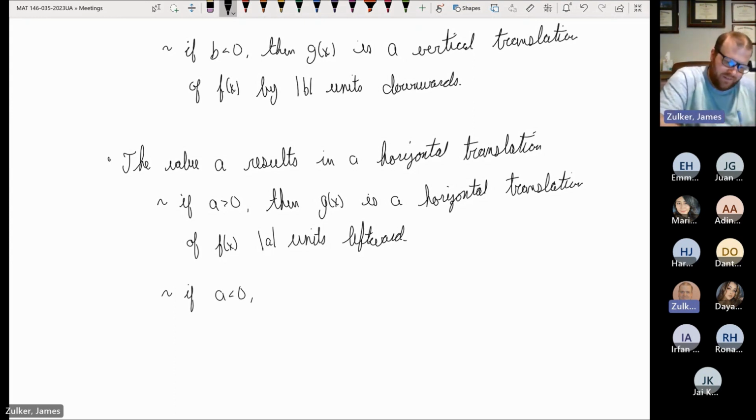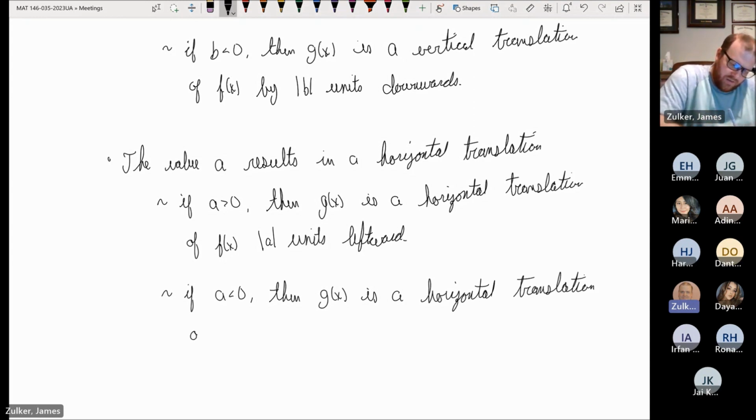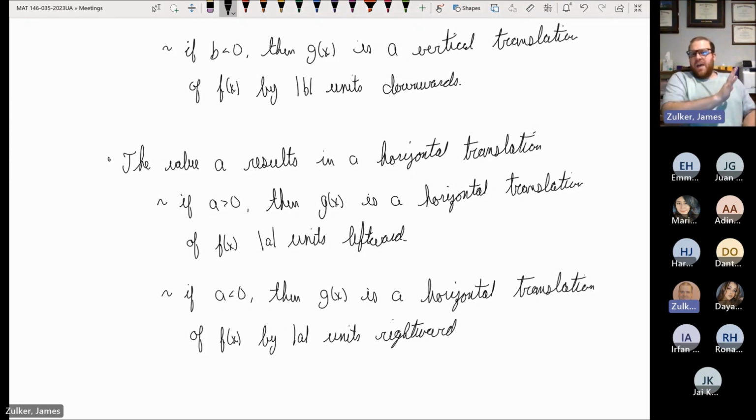Now if a is negative, then f of x is going to shift absolute value of a units to the right, in the positive x direction.